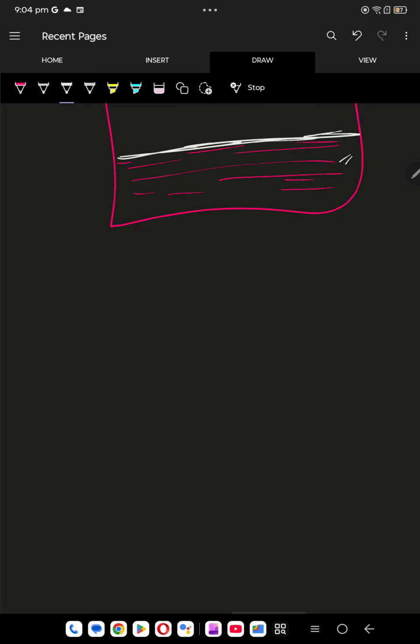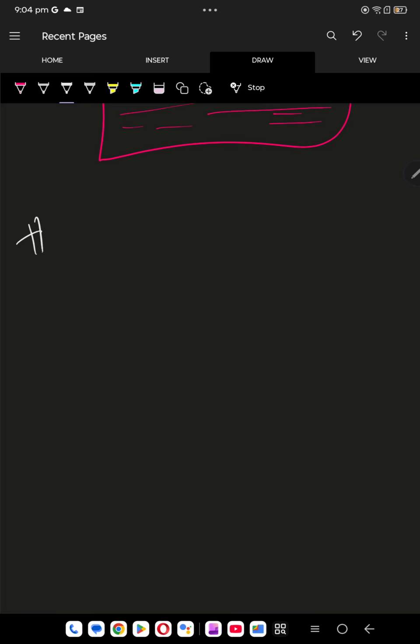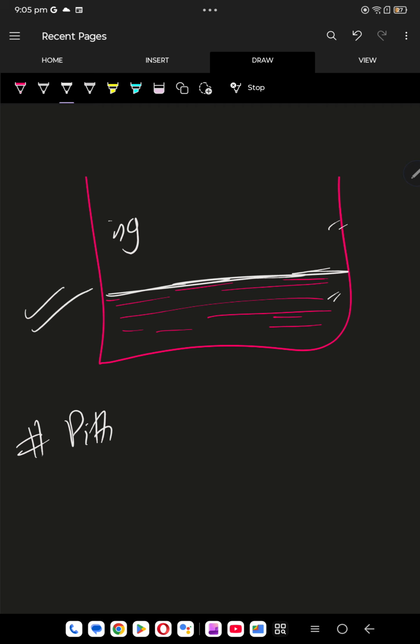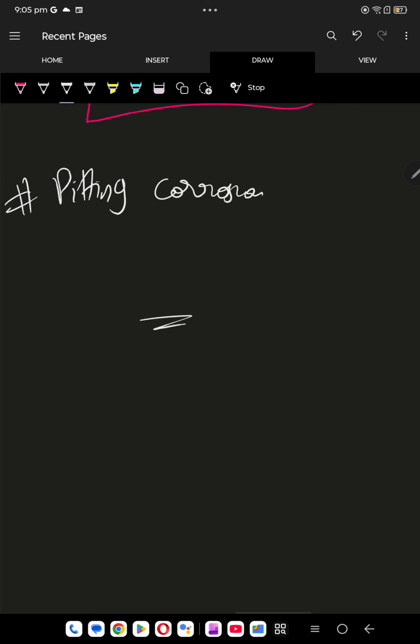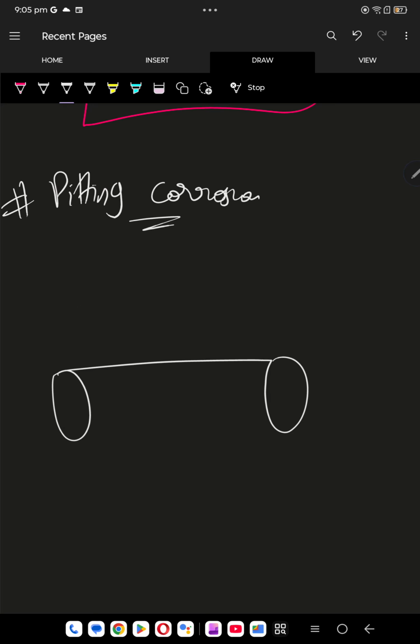Okay, one more is pitting corrosion. This is another example of differential aeration corrosion only, where there is a difference in exposure to the concentration of oxygen. In pitting corrosion, say this is a metal, or a large pipe.